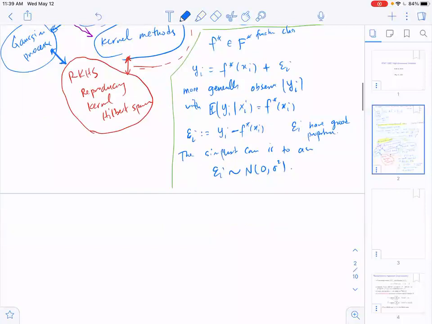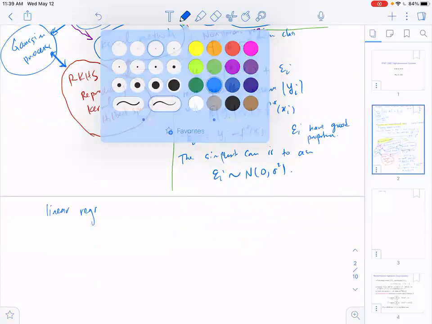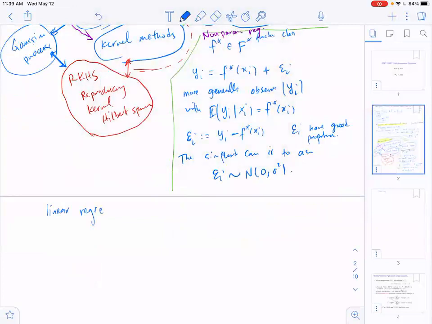So what is the relation between this and the usual linear regression? How does linear regression relate to this nonparametric regression? Our function is just xi times beta.